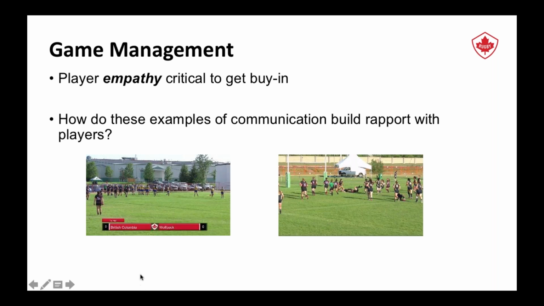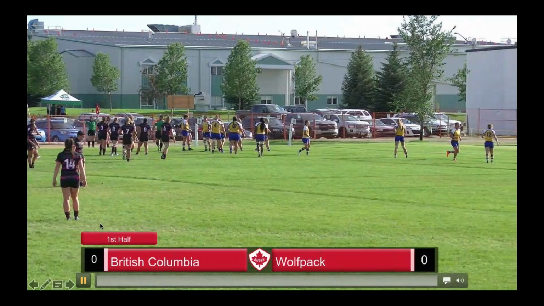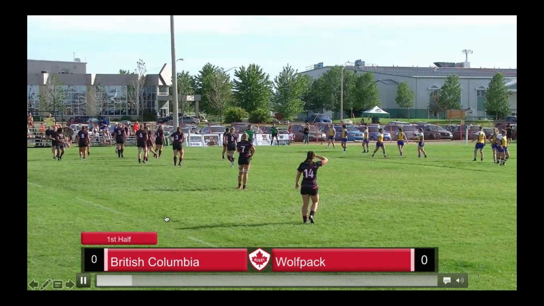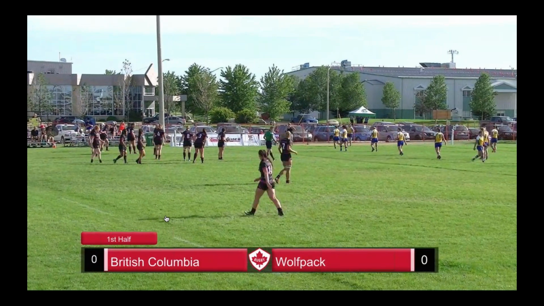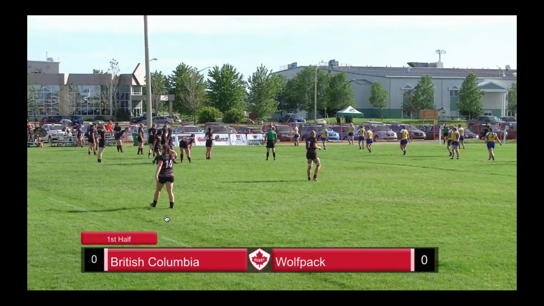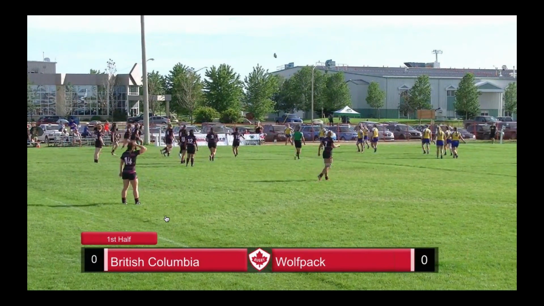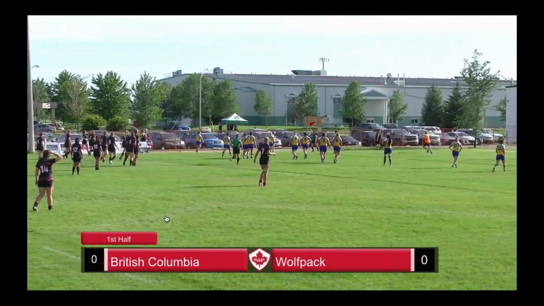Now it's actually 5-0 at this juncture, because the previous example with the same referee was right at the beginning of the game, and there was a try scored. But anyways, we've had a couple of infringements for not rolling away, and what the referee does really well here is he doesn't feel he needs to bring the captain in and have a formal warning, but we're all going to a line out.